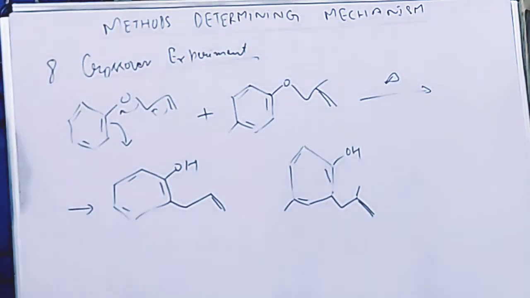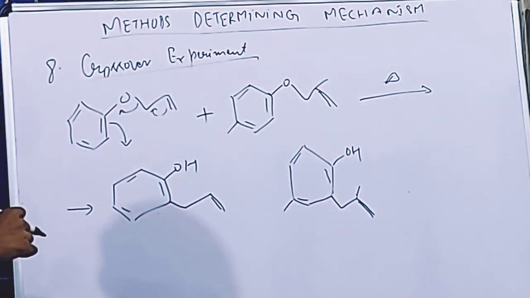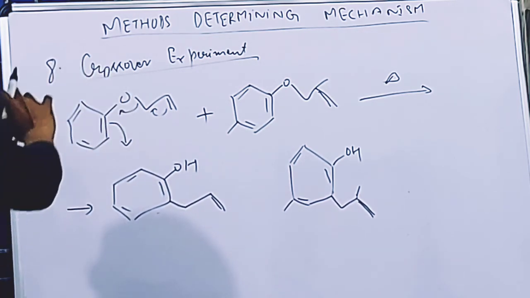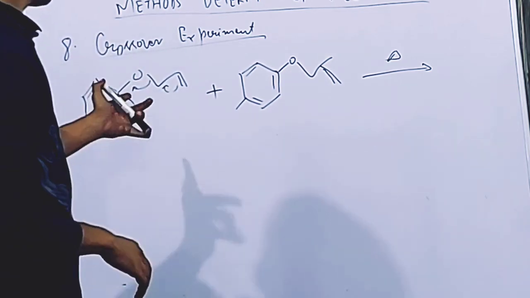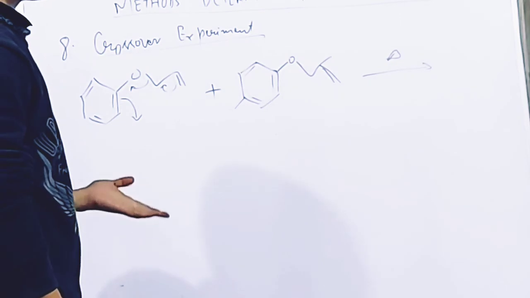So in this particular example, we showed that there is intramolecular rearrangement of the carbon skeleton. This proves that this particular chemical reaction is an intramolecular reorganization. So from this experiment also we can determine the mechanism, whether it is intramolecular or intermolecular.